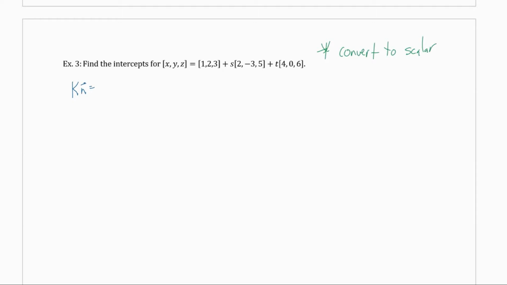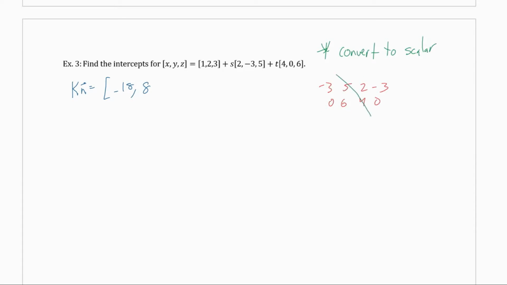So again, I've got -3, 5, 2, -3, and 0, 6, 4, 0. And that looks like -18 minus 0. And that looks like 20 minus 12. So again, I'm doing this, that. So -3 times 6 minus 0 times 5.